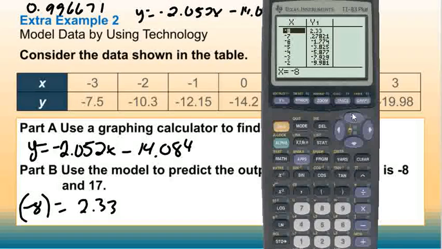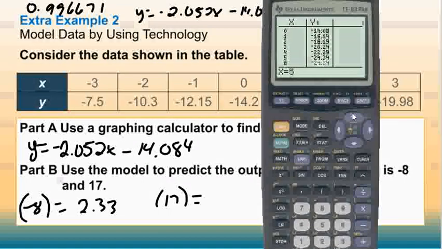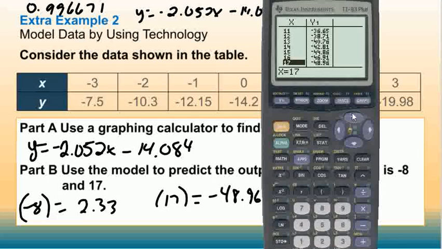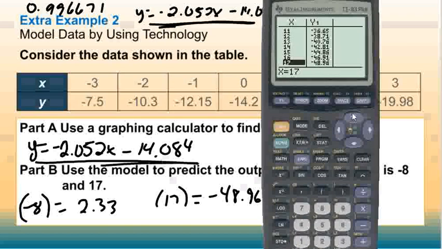And if I did 17, scroll all the way down to 17, that would be negative 48.96. You might have a slightly different answer if you plugged it into this equation right here. But what we did on the calculator, that would be the exact answer.